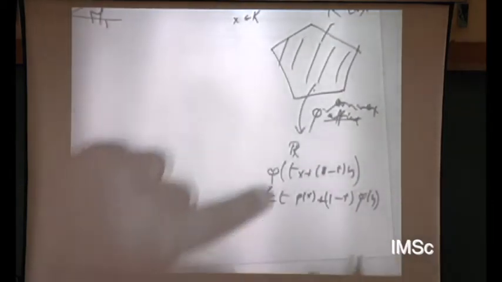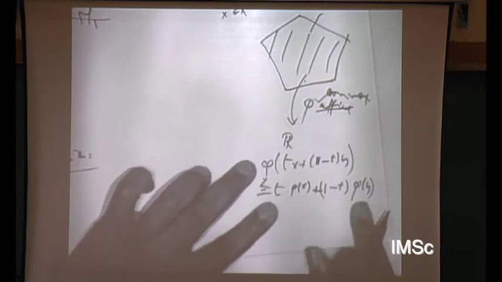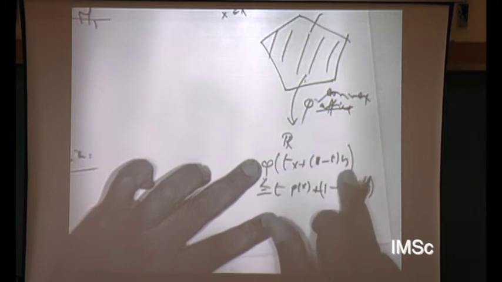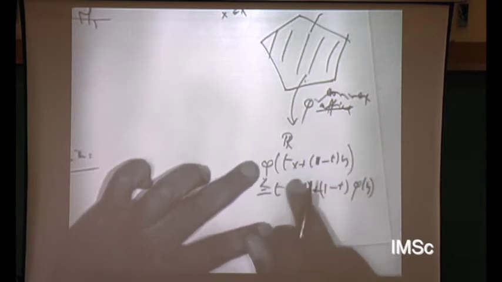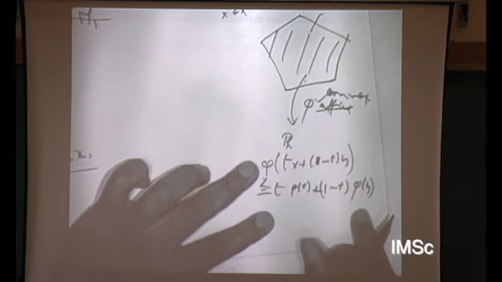But now, because you know that it is convex, notice that whenever something can be written as a convex combination of 2 points, the value there cannot be more than the value at one of these, at the maximum of these two.